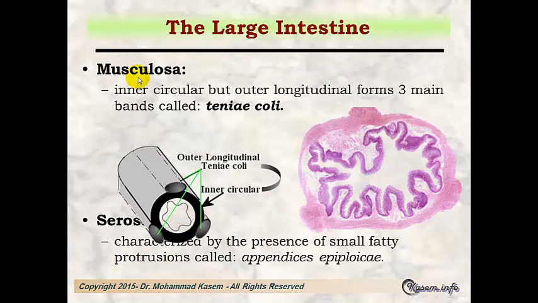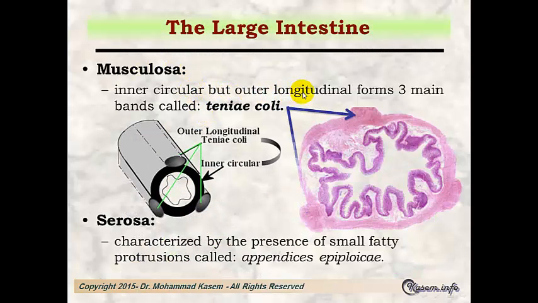The muscle layer has an inner circular and outer longitudinal layer, forming three bands called the taeniae coli. Here and here, see this? And finally, the serosa is characterized by the presence of small fatty protrusions called appendices epiploicae.